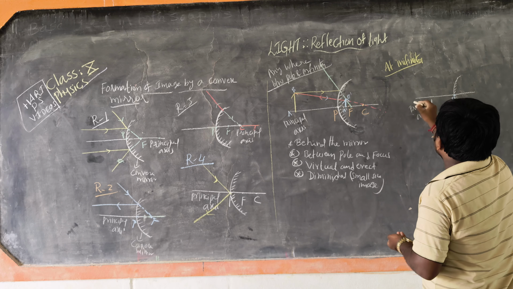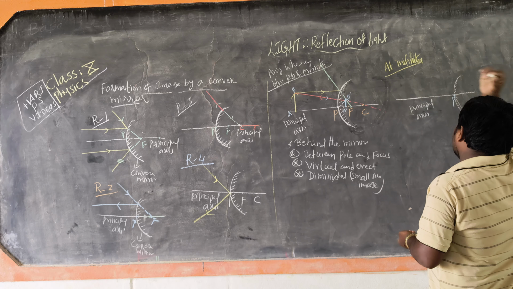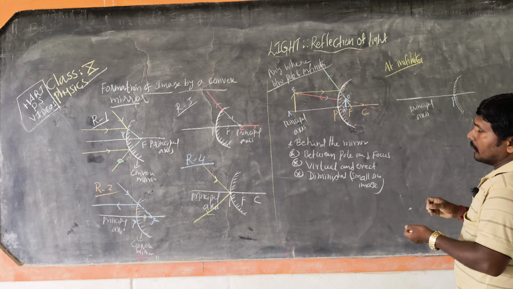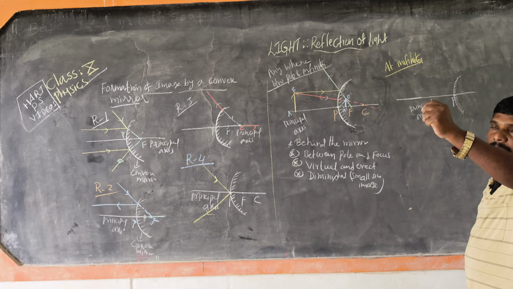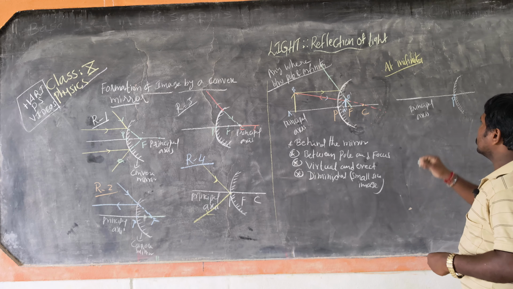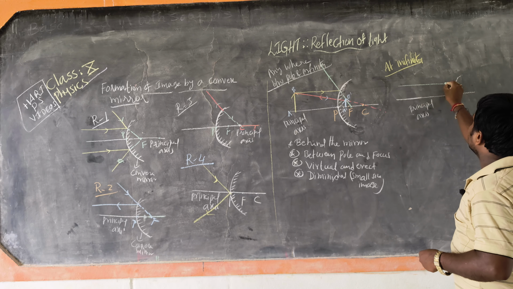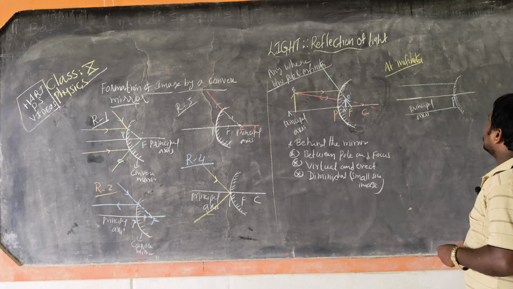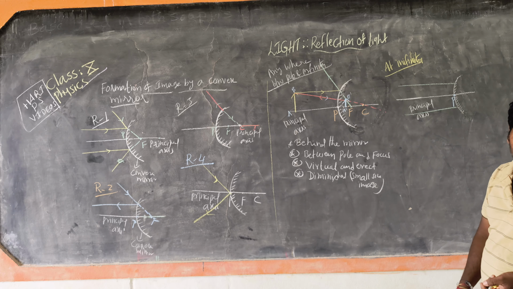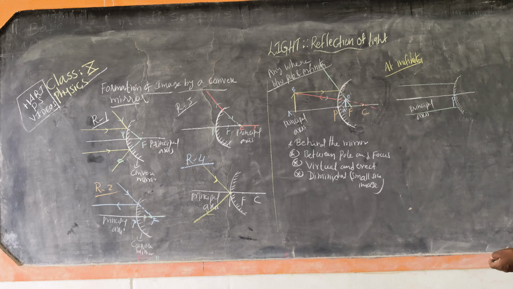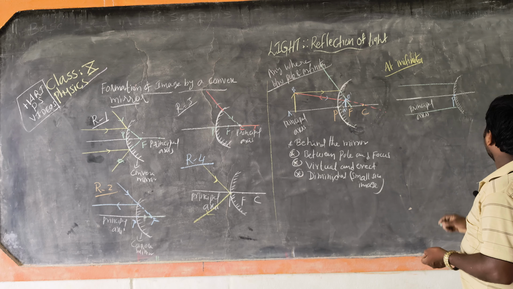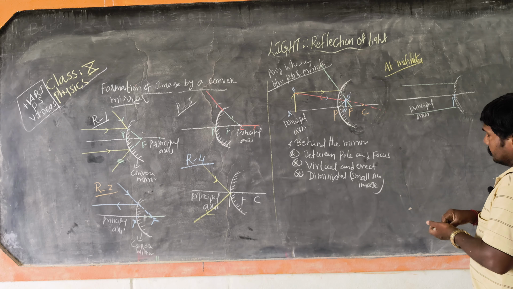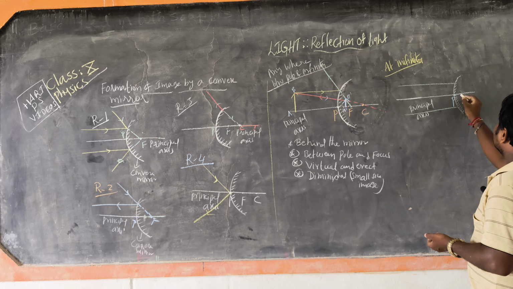If the object is at infinity, we can consider the rays as parallel to the principal axis.